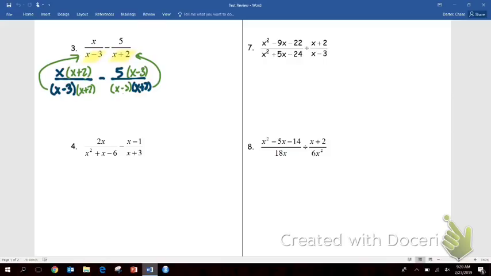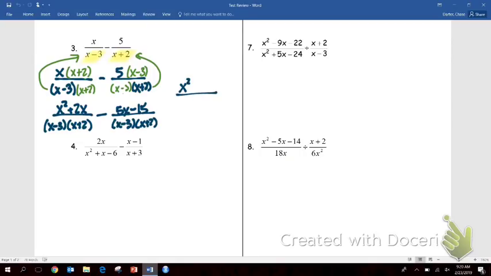Then we distribute. So we get x squared plus 2x over x minus 3, x plus 2, minus, then we got to distribute the 5. So we get 5x minus 15. And then once we have a common denominator, we're just combining like terms. So I have x squared minus nothing is x squared. And then I have 2x minus 5x, which is negative 3x.